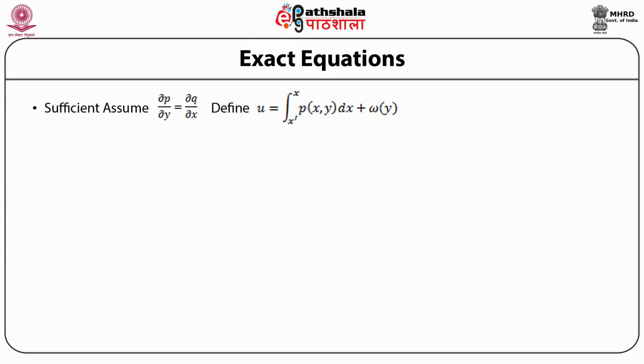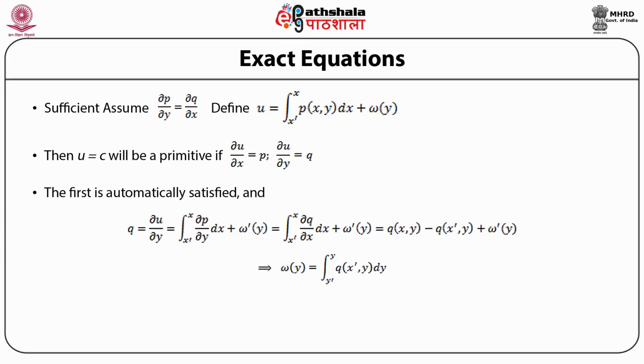Here x prime is an arbitrary constant and w an arbitrary function of y. Then u is equal to c will be a primitive if del u by del x equal to P and del u by del y equal to Q. If we see the definition of u, the first condition is automatically satisfied.